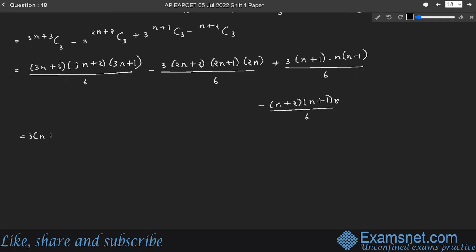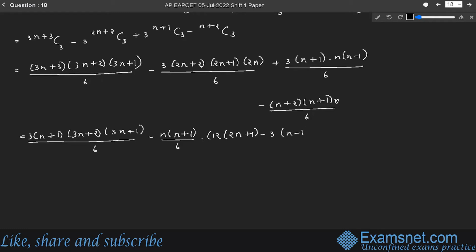3(n+1)(3n+2)(3n+1) divided by 6 minus n(n+1) divided by 6 into [12(2n+1) - 3(n-1) + (n+2)].